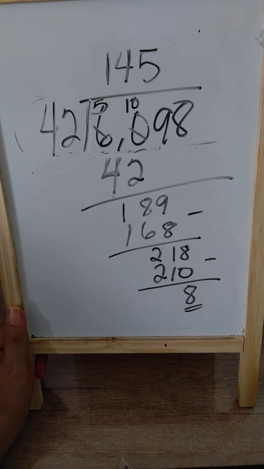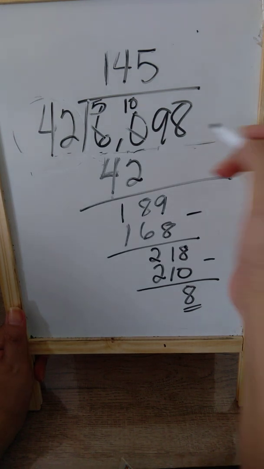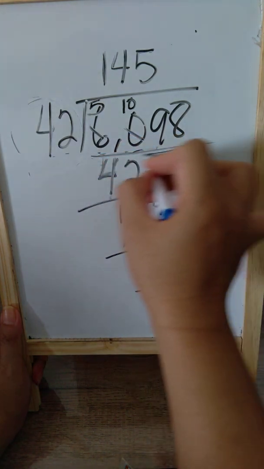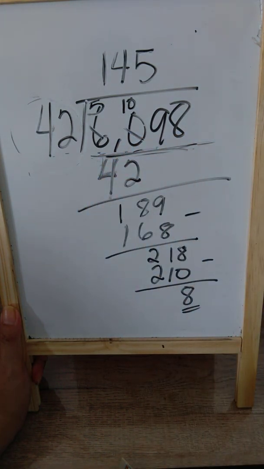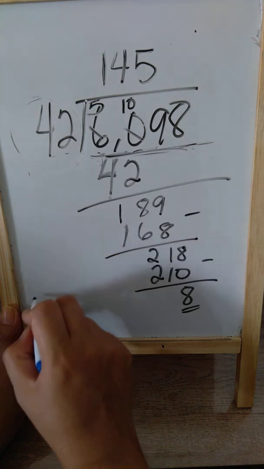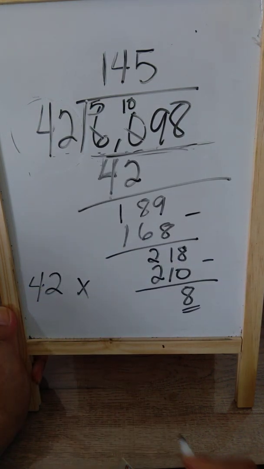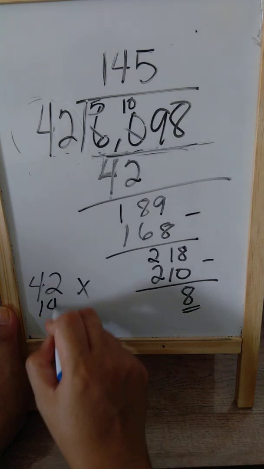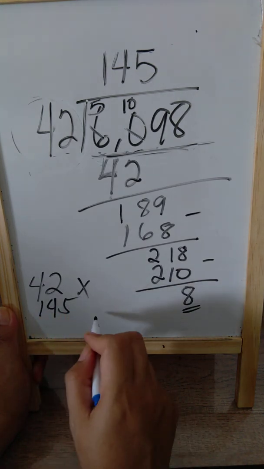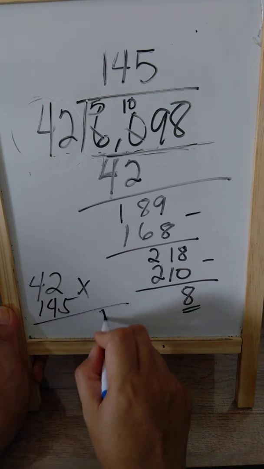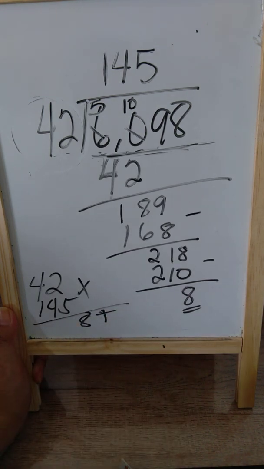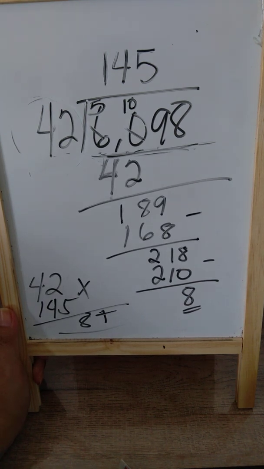To check the answer, the dividend equals 42 times 145 plus 8. To check if the answer is correct, we have to multiply the divisor to our quotient.